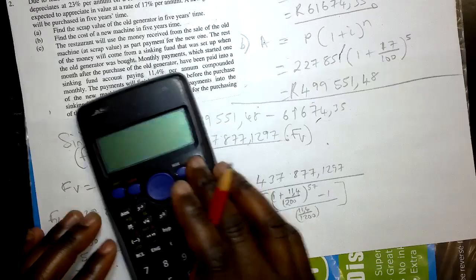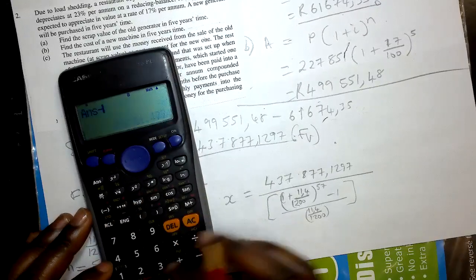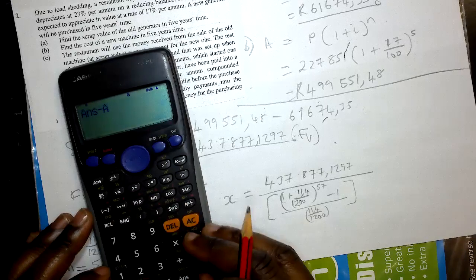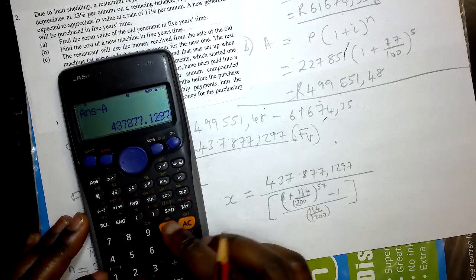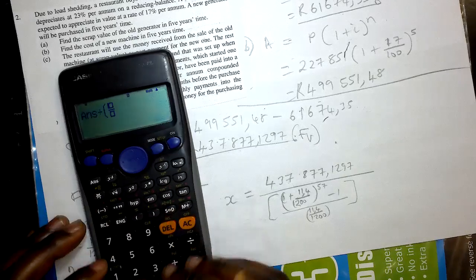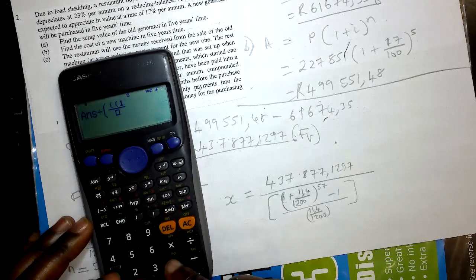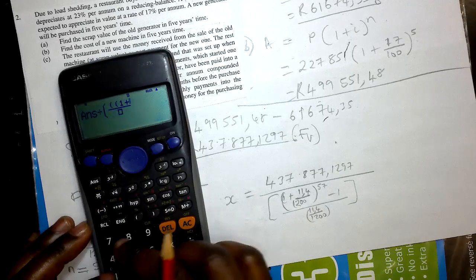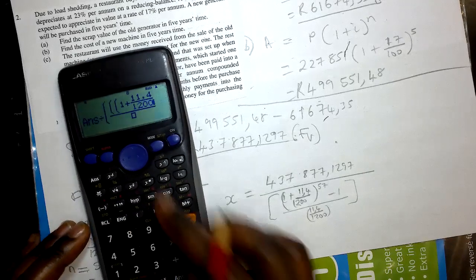Then we say our answer, recall B minus recall A. We get that. Then we divide it. We put the bracket there. We say 1 plus our I is 11.4 over 1200.